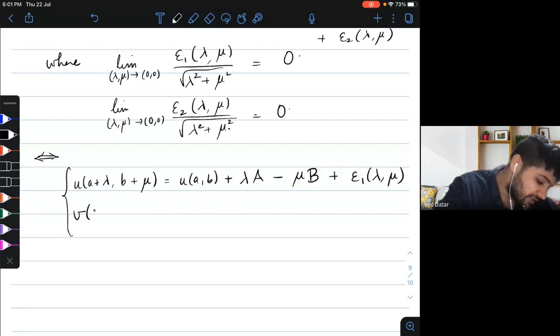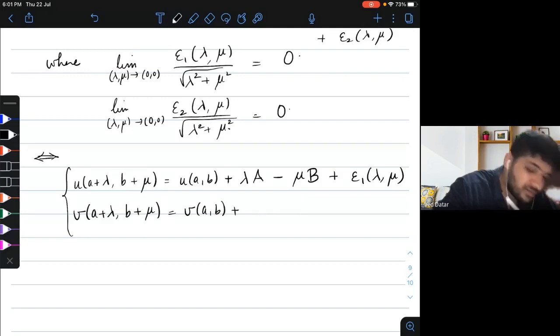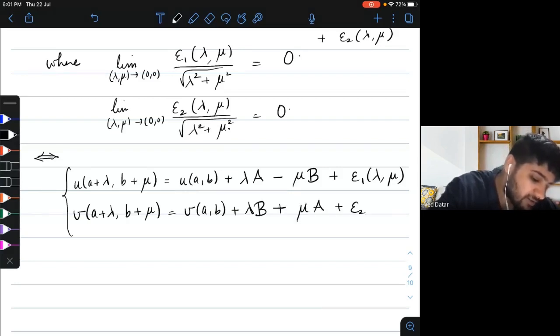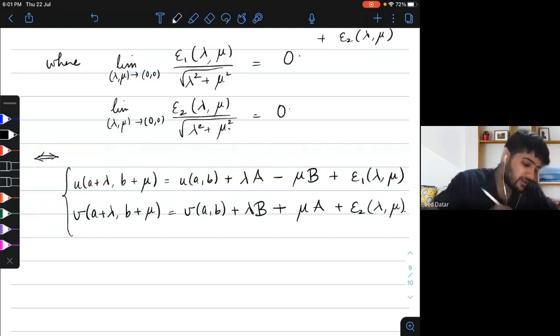And similarly, you have an expansion for v. This is going to be lambda times b and plus mu times a. I'm going to call this double star.